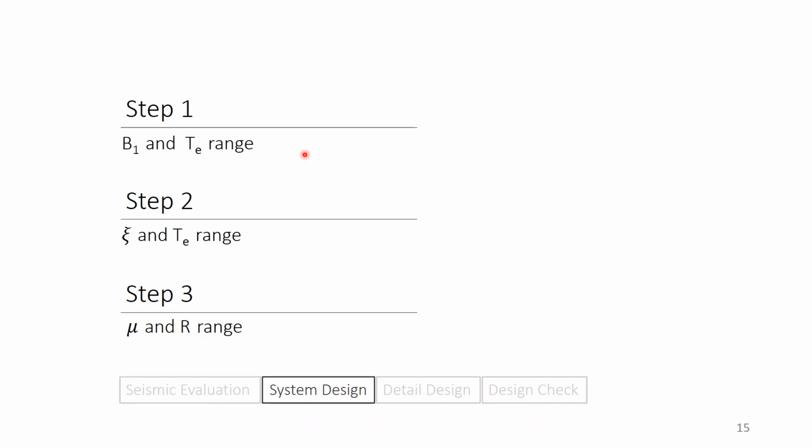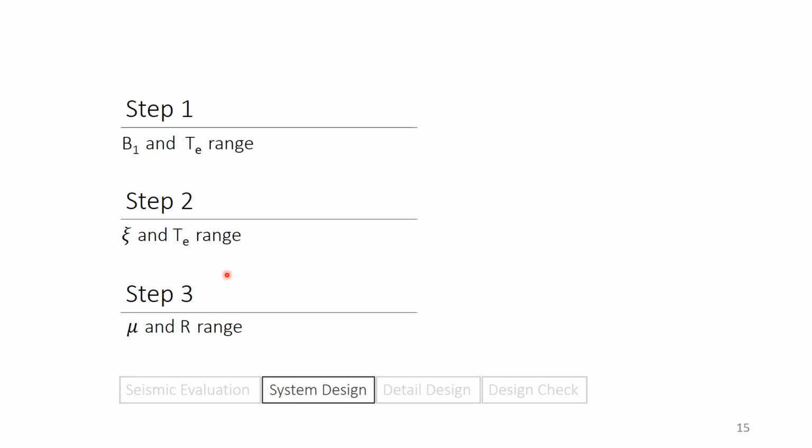Next will be the FPB retrofit design. So first, from the basic information of the structures and the relation of the parameters, the first step will be finding the B1 and TE range. And next, the B1 and TE range can be changed to the damping ratio and the TE period range.